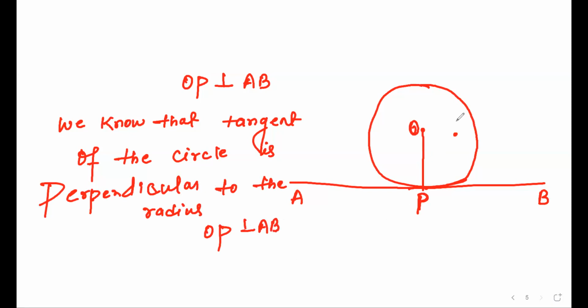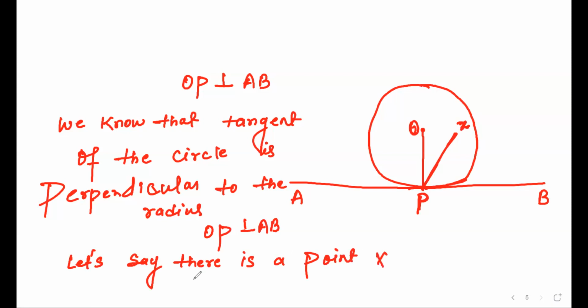Now let's say there is a point X, and if we drop a line from X such that XP is perpendicular to AB.